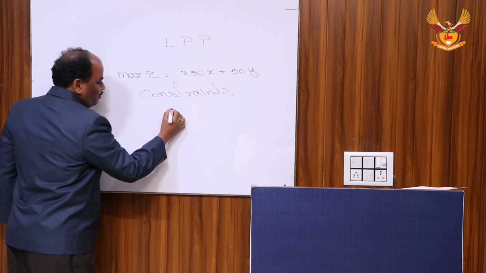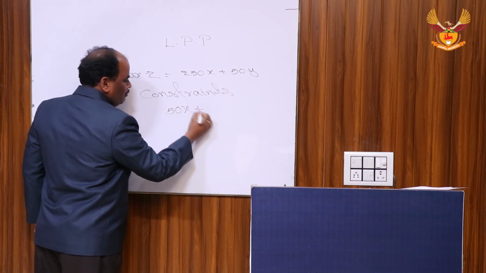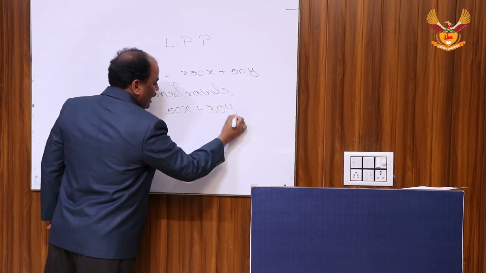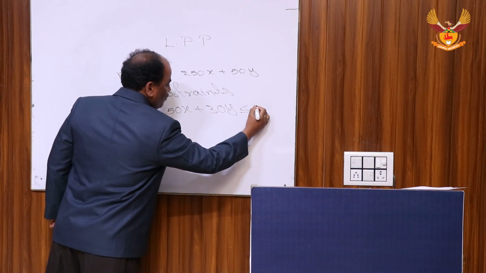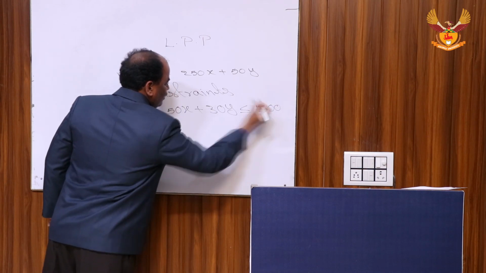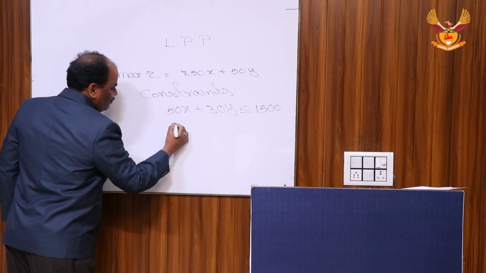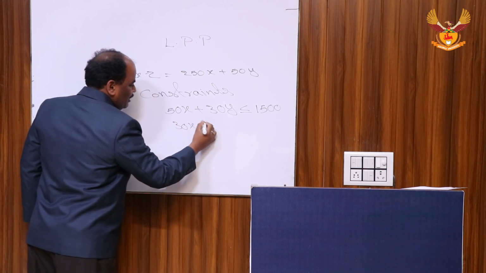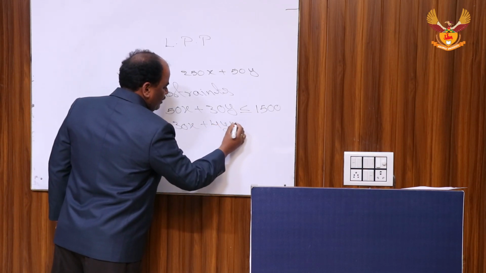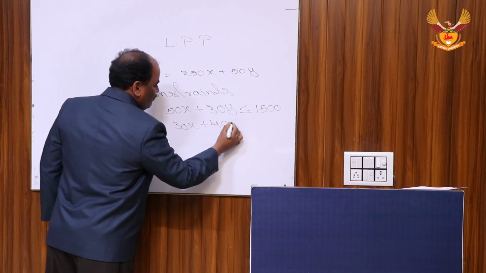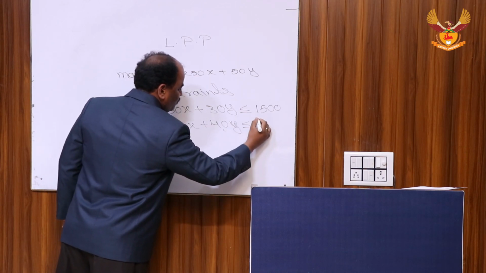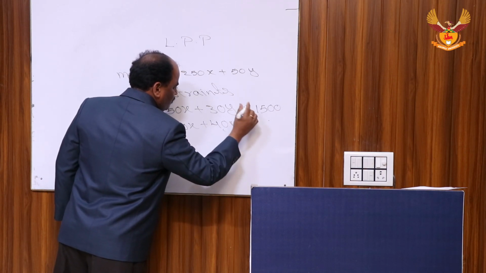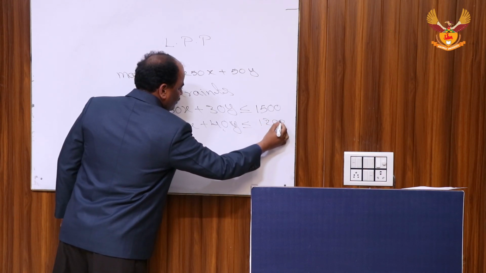For example, 50x plus 30y, he has to use a maximum of 1500, and another one, 30x plus 40y, less than or equal to 1200.